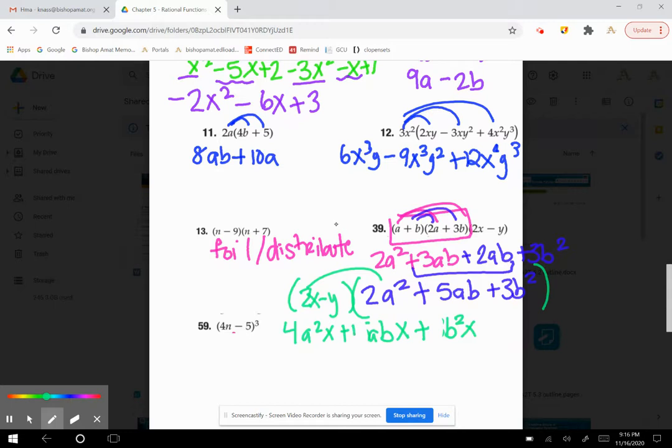This is 10abx, this is 6b squared x, and then I'm going to do the y, negative 2ay squared minus 5aby minus 3b squared y. And there's no collecting like terms here. That ends up being our answer.